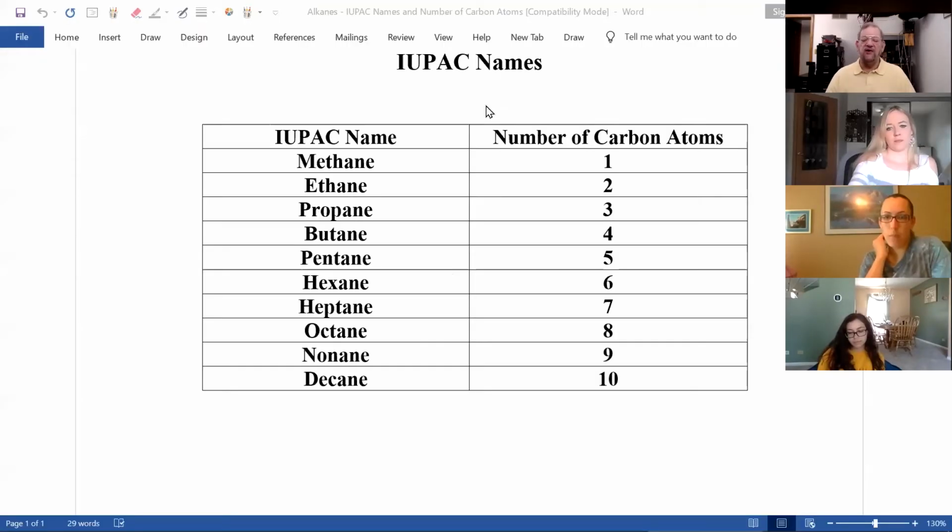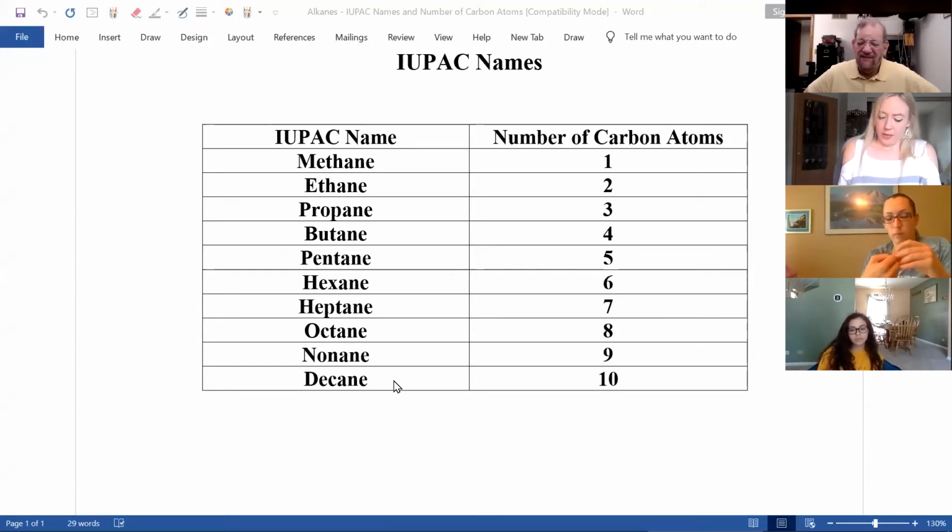First of all, here are the IUPAC names for the alkanes. Now notice I only go up to 10. Actually, these IUPAC names for alkanes go up to thousands. 11 is undecane, 12 is dodecane, and so on. In everyday life, you only use about 10 carbons.